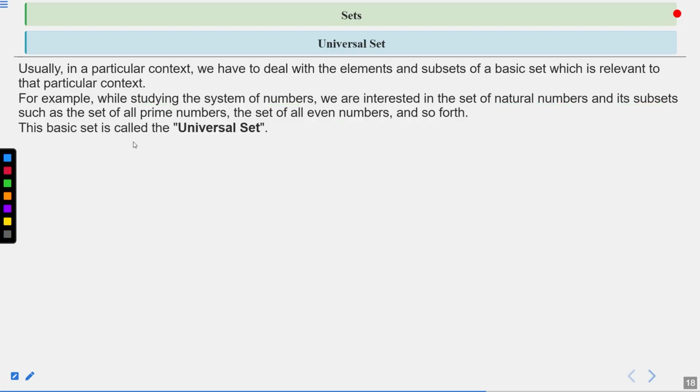Now, this basic set is your universal set in this example. So, universal set is simply the set of naturals.